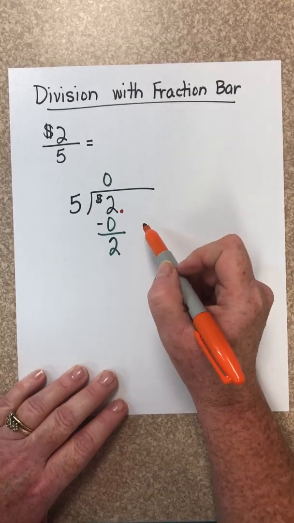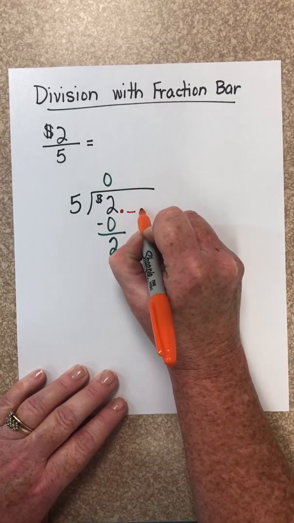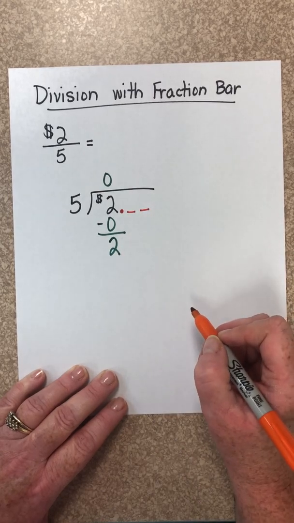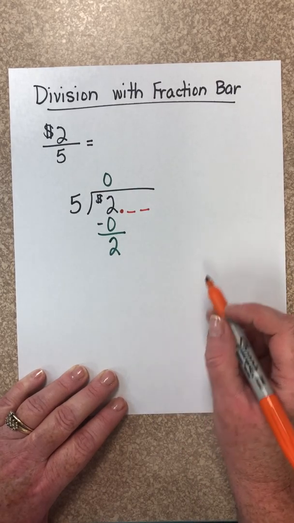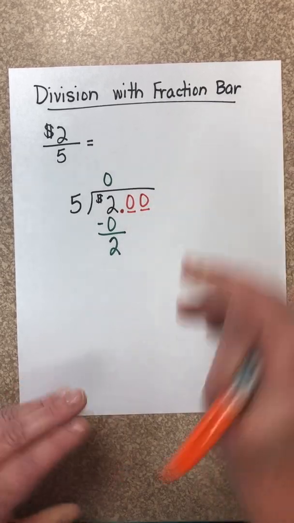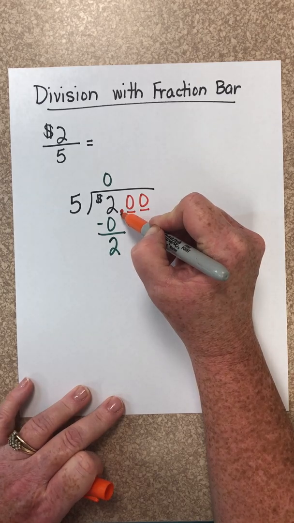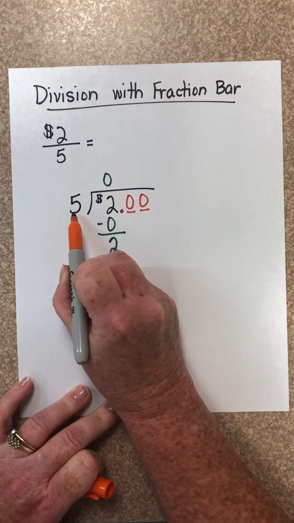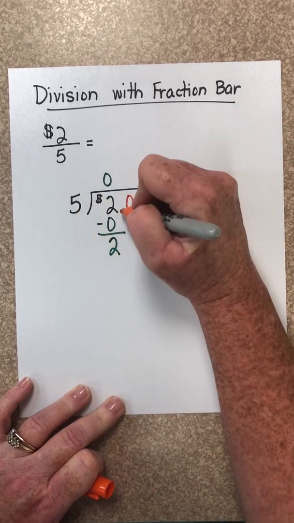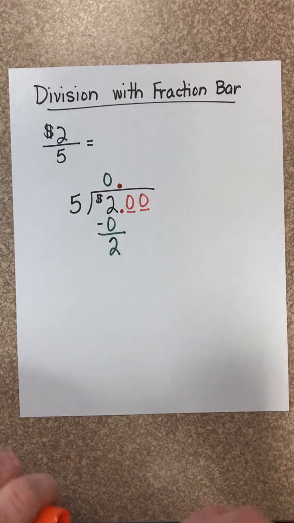And I strongly, highly recommend that if you put in the decimal point, you go ahead and put in your 2 decimal places. Money always has 2 decimal places. So let's fill those in with zeros. And if I have my decimal point in the dividend, and I don't have to move it because the divisor is a whole number, let's move that straight up. So it is now in the quotient.